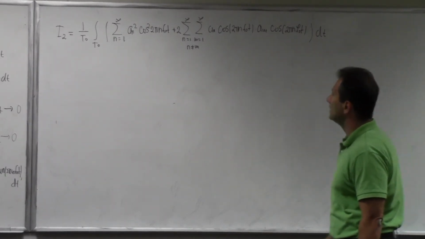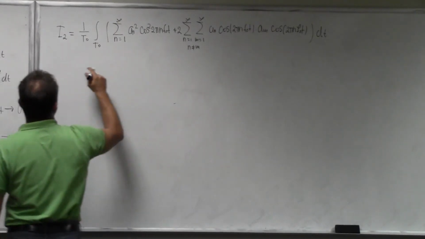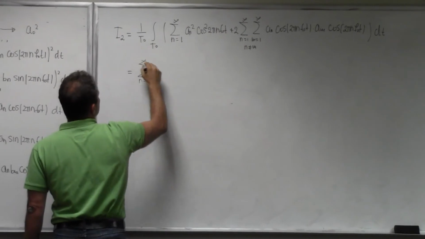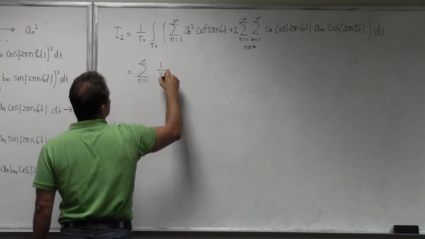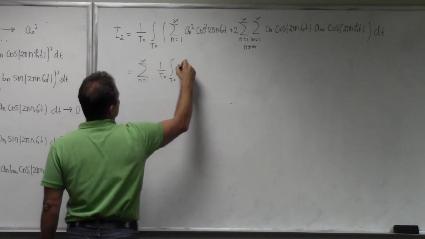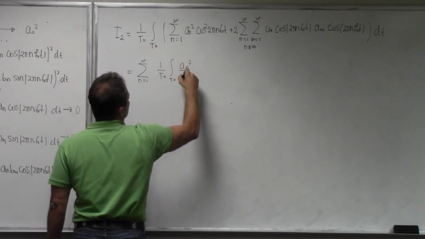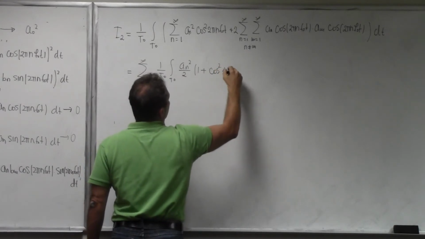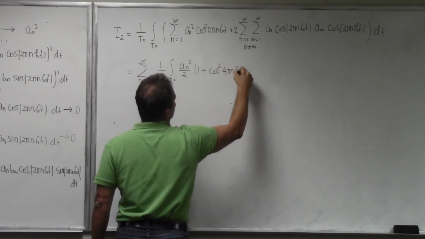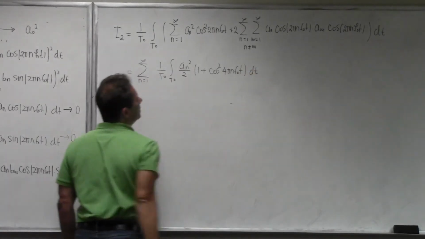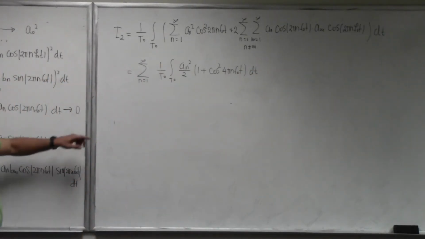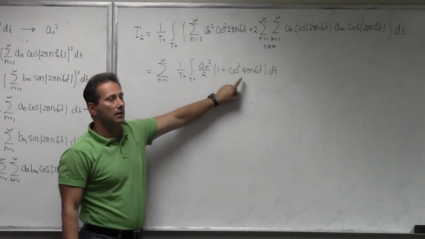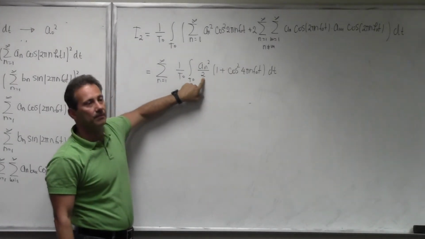Now, this splits into two integrals. The first one is this. Sum, when n goes from 1 through infinity, 1 over t0, integral over t0, an squared over 2, 1 plus cosine, 4 pi n f0 t dt. Do you see what I did? This cosine squared is 1 plus cosine of a double angle, and then divided by 2 here.